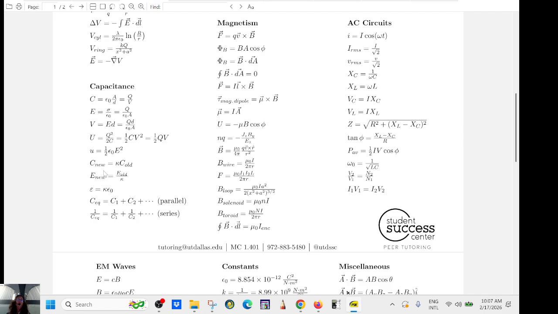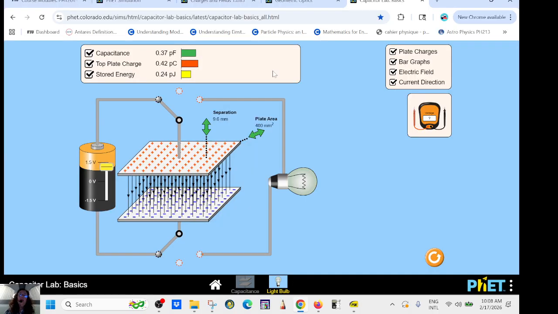If you have a capacitor and you use some kind of insulator between the plates instead of air, like paper, you're going to boost the capacitance by a factor K, which is called the dielectric constant. I can show you that here.